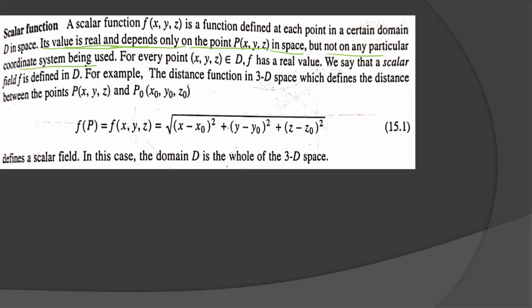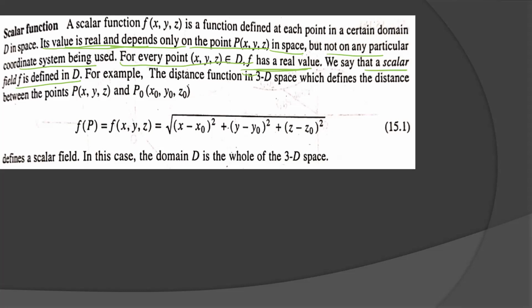It does not depend on the Cartesian system or polar system or cylindrical system. For every point P(x, y, z) belonging to domain D, f has a real value. We say that a scalar field f is defined in D. We also call it a scalar field.